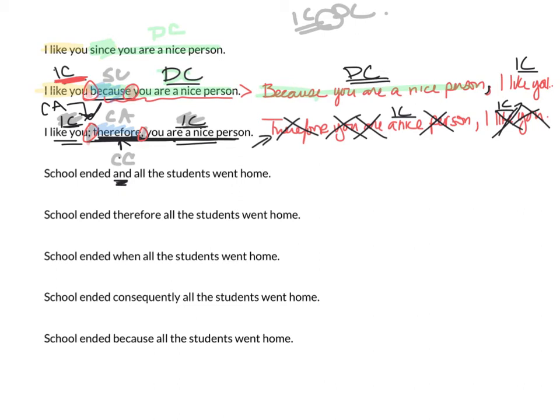Well, a coordinating conjunction means you should, if you are joining two independent clauses, have a comma. So my question is, do I have two independent clauses? School ended. There's my subject, there's my verb. Is that a complete idea? Yes. All the students went home. Students went, where did they go? Home. Is that a complete sentence? Yes, which means I need to have a comma right there.